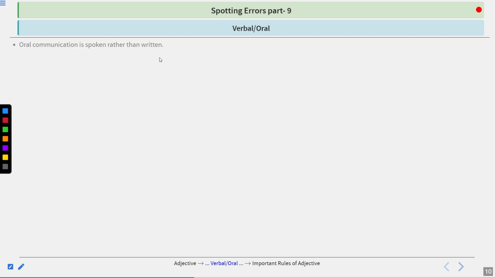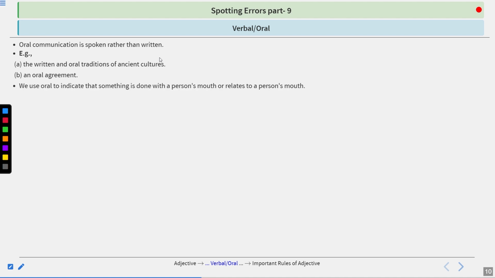Verbal and oral. Oral communication is spoken rather than written. Example, the written and oral traditions of ancient cultures. An oral agreement. We use oral to indicate that something is done with a person's mouth or relates to a person's mouth.